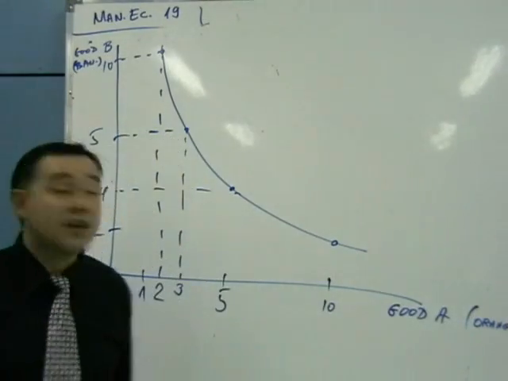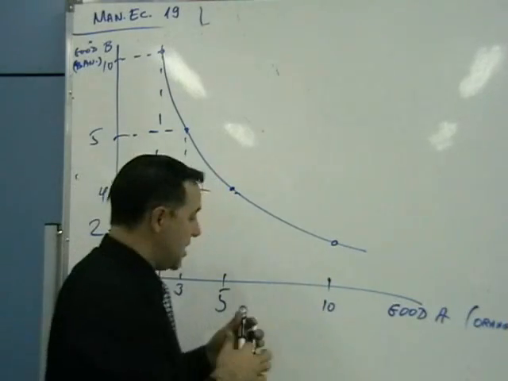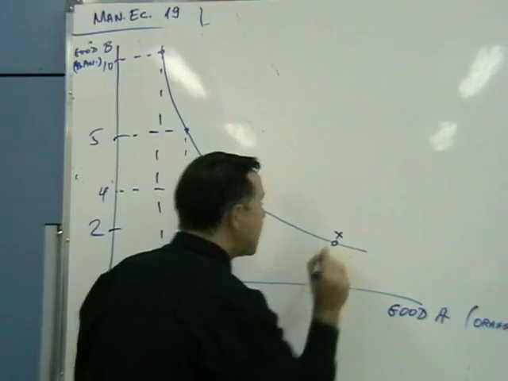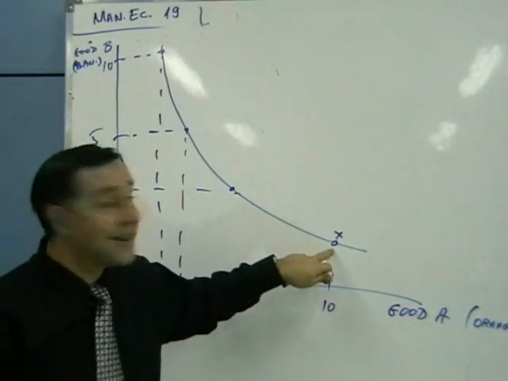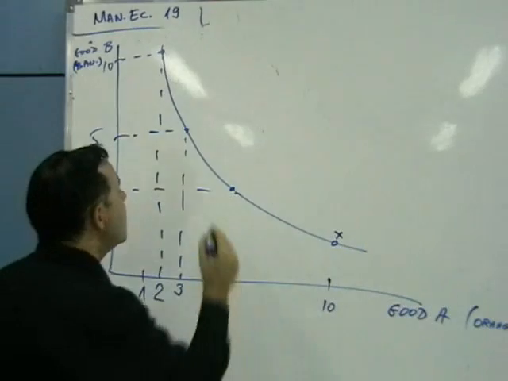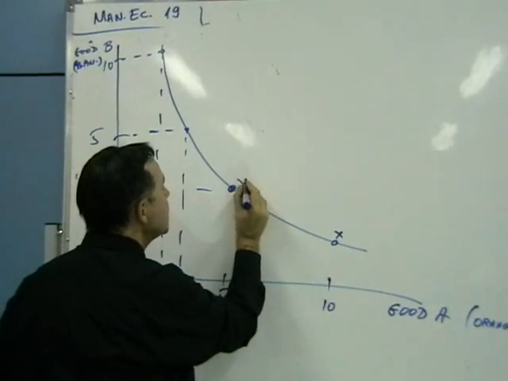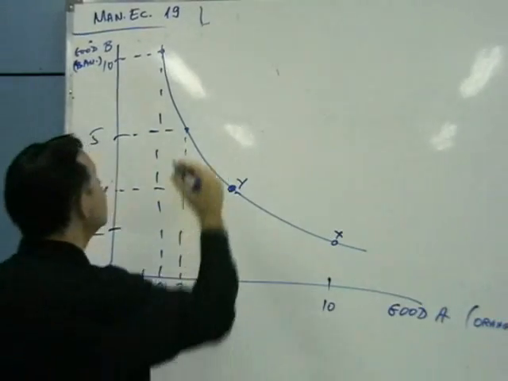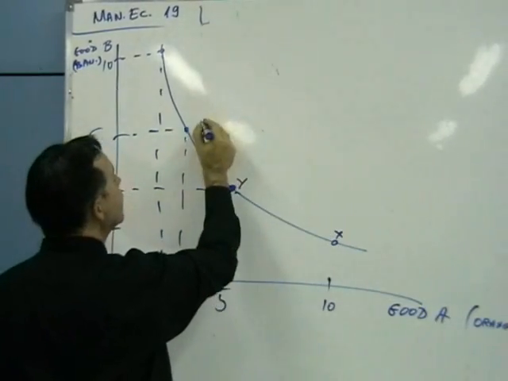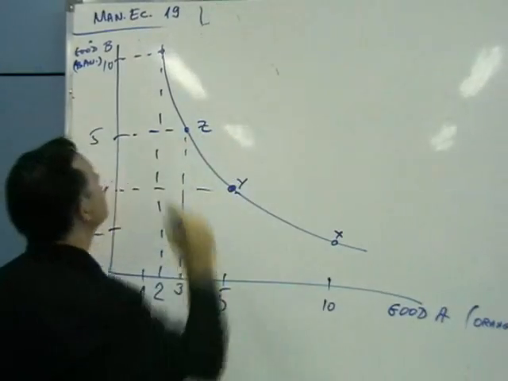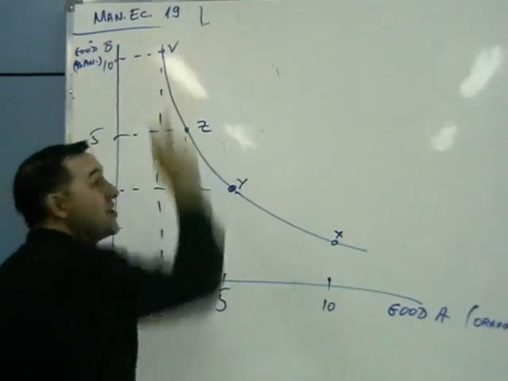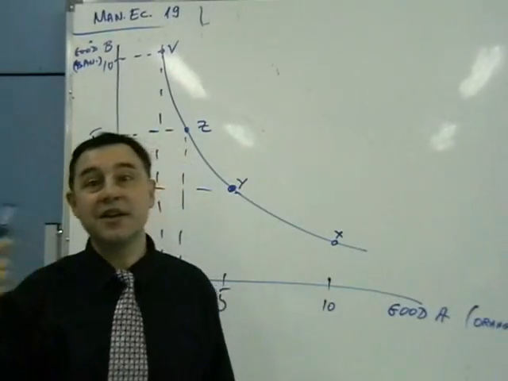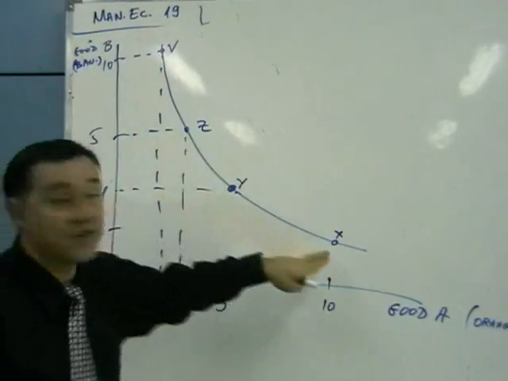In other words, the utility at this point, let's call it X, utility at point X is the same as utility at point Y, is the same as utility at point Z, the same as utility at point V. So, now I'm beginning to explain what is an indifference curve.